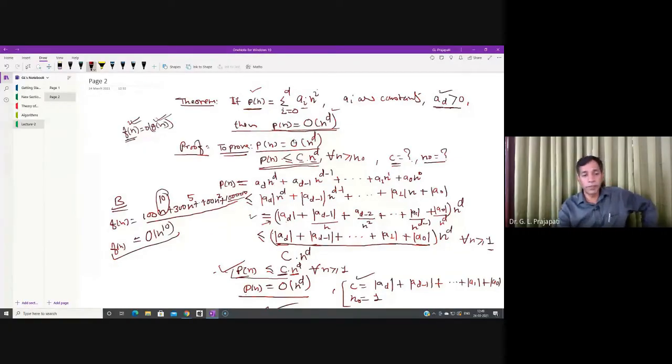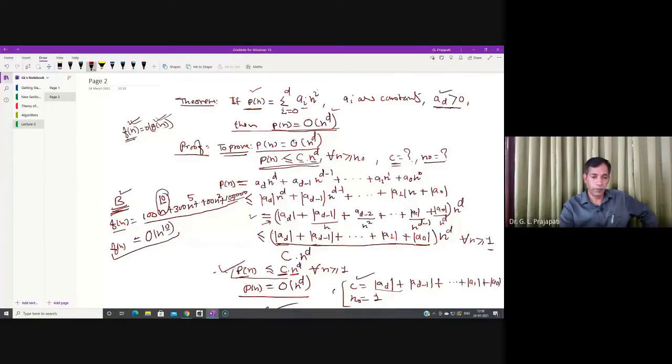Whenever you come up with operations like this, you have the algorithm B, and on analysis you come to know that algorithm B will take the operations 100 n raised power 10 plus 300 n raised power 5 plus 100 n square plus something like 100,000. So you don't waste your time to determine C and n0, because we have the proof, the theorem, there will be some C and n0 for which the relationship holds true, and hence simply you say that f of n is big O of n raised power 10, because the highest degree of this polynomial is 10.